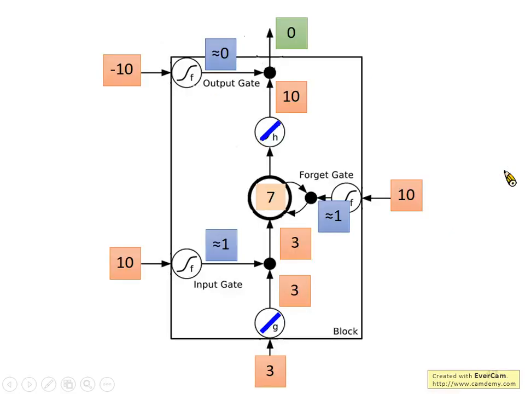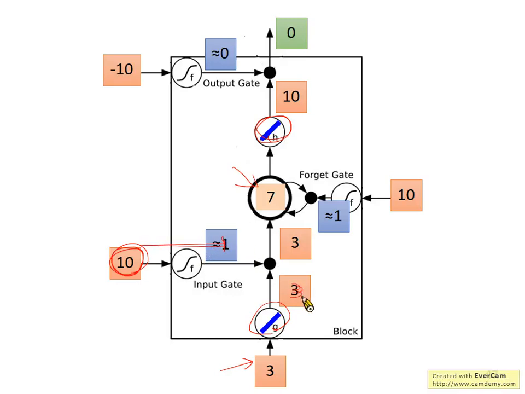Let's take an example to show how it works. Assume that the activation functions here and here are just linear functions. Assume the input value is 3, and the original memory information is 7. The input value is 3, and through the linear function the output is still 3. For the input gate, assume the control signal is 10, and because 10 is a large value, after the sigmoid function f(Z_i) is approximately 1.